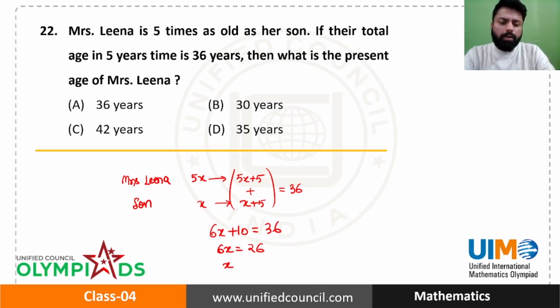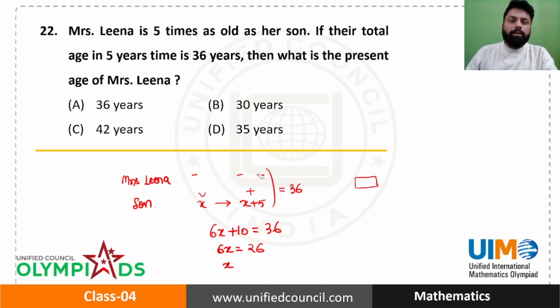In this scenario, the sum of the present ages is not given; the relation is given to us. The sum of their ages is 36. Here, 5 times is Mrs. Leena's age. So let's try to understand this.